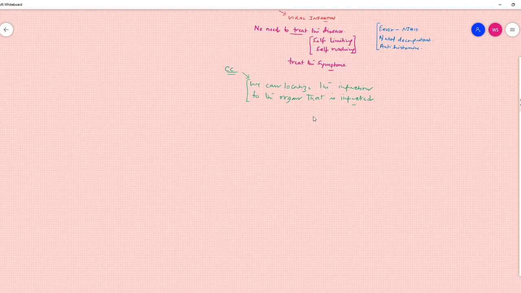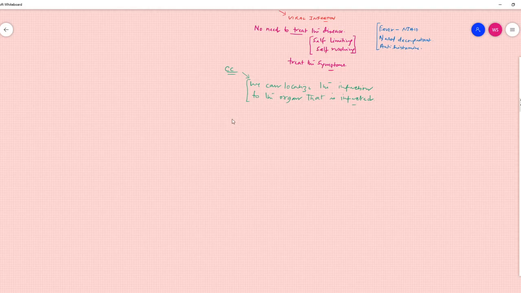Or let's take some other examples. Suppose the patient complains of an upper respiratory tract infection, or a chronic infection of the lungs.